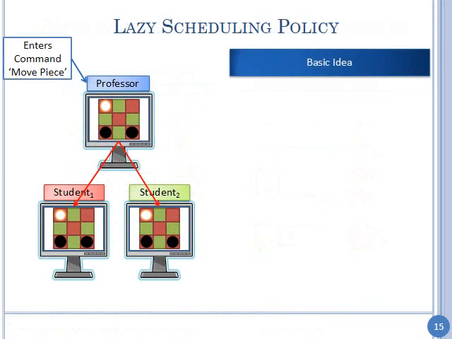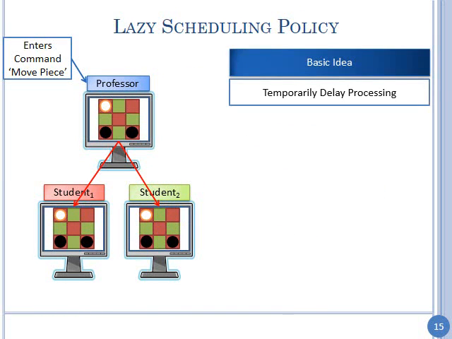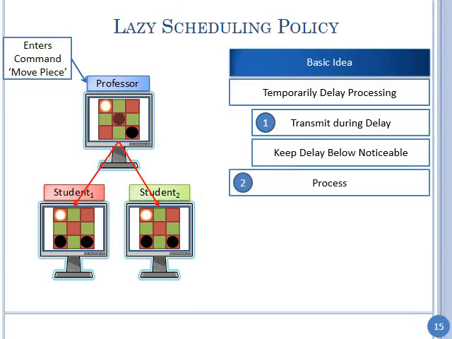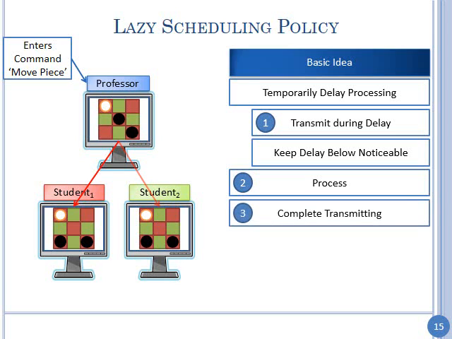The idea behind this policy is to temporarily delay processing. While the processing is delayed, the CPU transmits to as many destinations as it can, but only while the delay is below noticeable. As soon as another transmission would make the delay noticeable, the CPU stops transmitting and performs the processing task. And only when the processing task completes, the CPU completes the rest of the transmission.